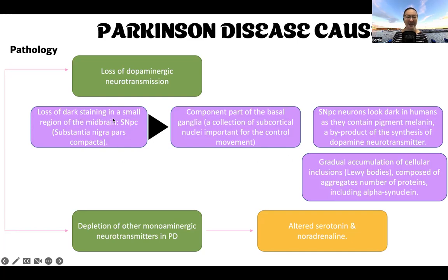Loss of dark staining in a small region of the midbrain, SNPC, or substantia nigra pars compacta, a component part of the basal ganglia, a collection of subcortical nuclei important for the control of movement. SNPC neurons look dark in humans as they contain pigment melanin, a byproduct of the synthesis of dopamine neurotransmitter. Gradual accumulation of cellular inclusions, Lewy bodies, composed of aggregates of a number of proteins, including alpha-synuclein.